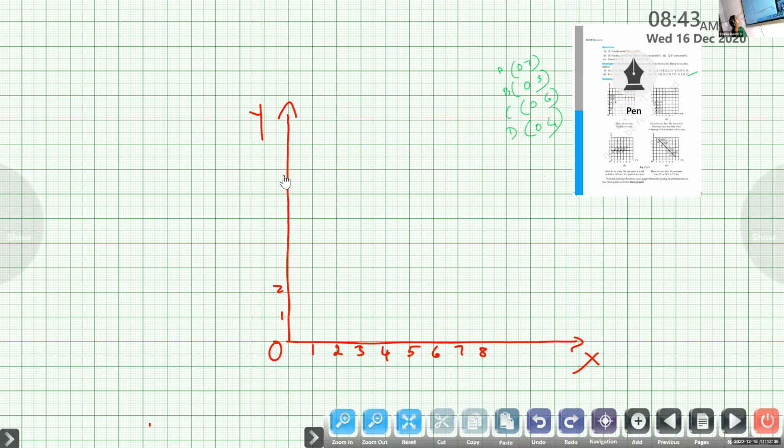Second point (0, 3). Third point (0, 6). Fourth point (0, 4). This is A, B, C, D (0, 4). Now join these four points, join it. This is the line, draw this line.